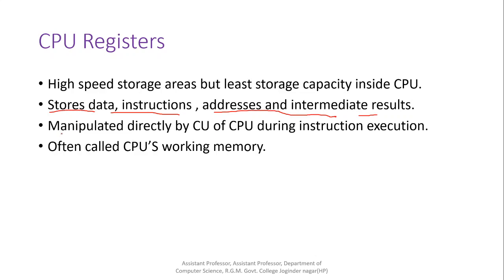They are directly manipulated by the control unit of the CPU during instruction execution, and they are often called CPU working memory. Why are they called CPU working memory? As the CPU uses registers for the processing of data, they are called CPU working memory.